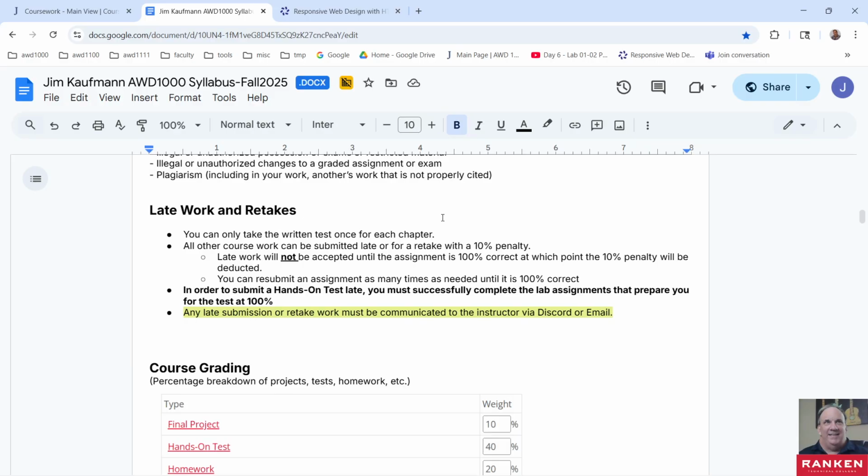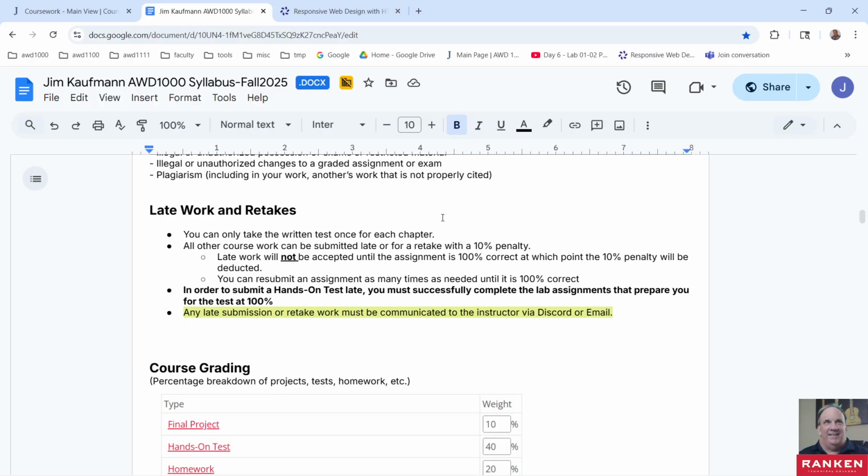And these are short little tests, and like I said, you can use a lot of different resources to do that. Okay. But as far as a written test, you cannot retake that. If you miss it, I'm going to have to look at that configuration on Inside Ranken, how I can make it available just to one student, because that's one of those challenges.